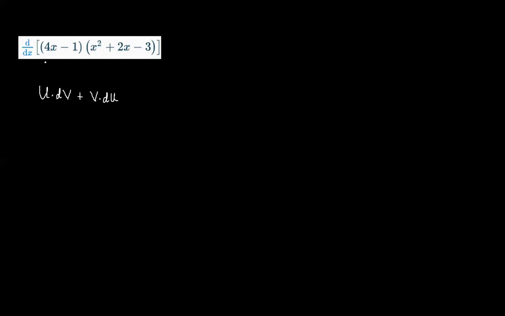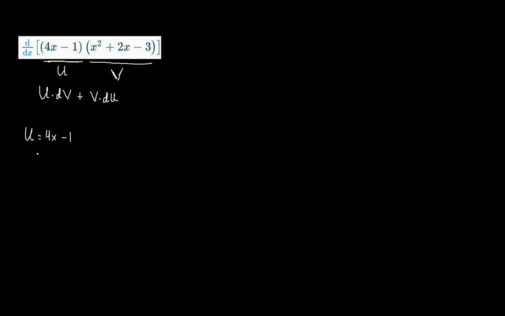For me, my U here is 4x minus 1, and my V here is x squared plus 2x minus 2. So U is equal to 4x minus 1.